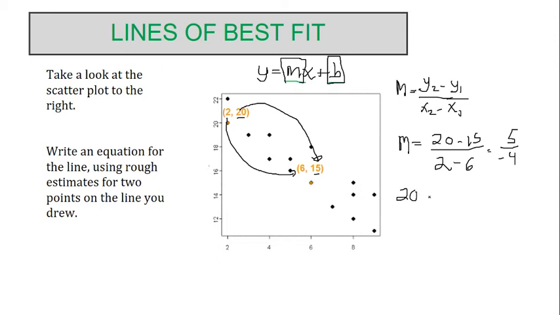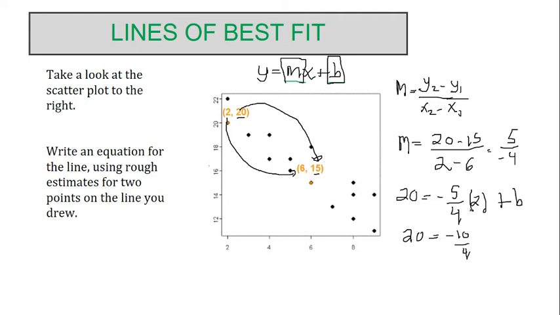All right, so here I have 20 is equal to our slope, -5/4, times our x coordinate, which is 2 in this case, plus b. Now we're going to go about solving this equation for b. So I get that 20 is equal to -10/4.